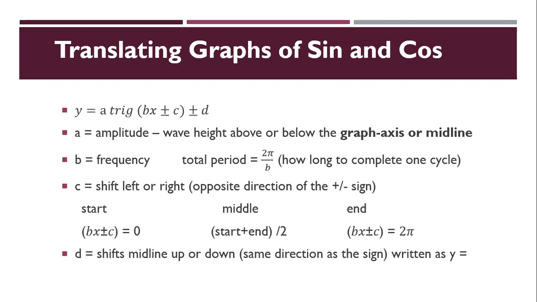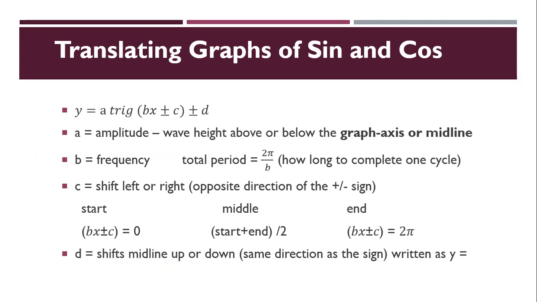Okay, so let's talk about each important piece. If you're given a generic function, y equals a times some trig value of bx plus or minus c, plus or minus d, it doesn't matter which one, this is how we're going to read it. Our a value is our amplitude. It's just like any other coefficient in the translations we've done on parent functions before. Positive opens it up, negative flips it upside down.